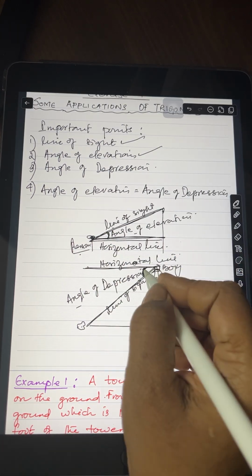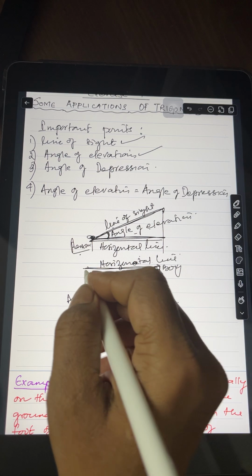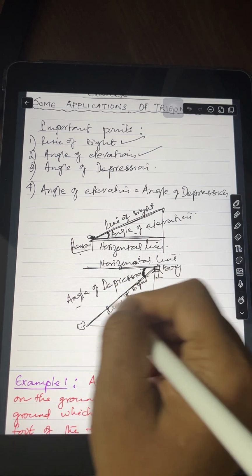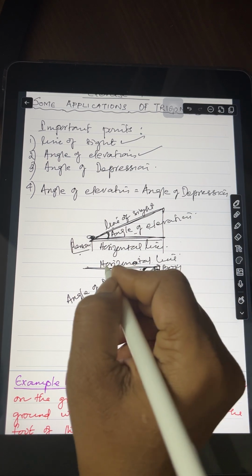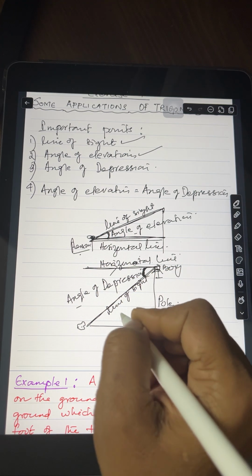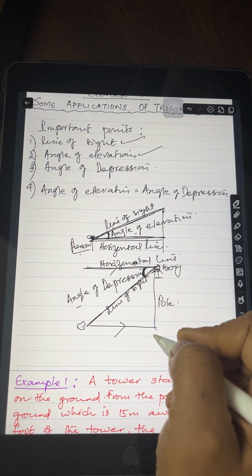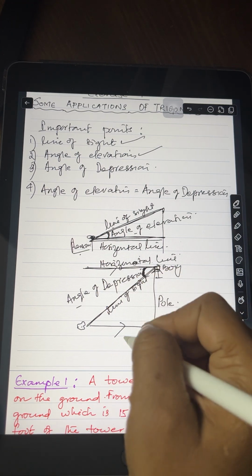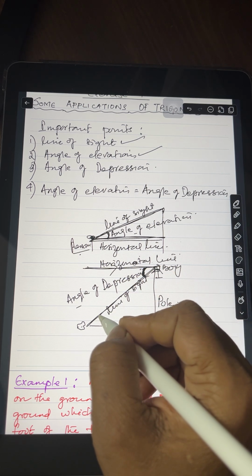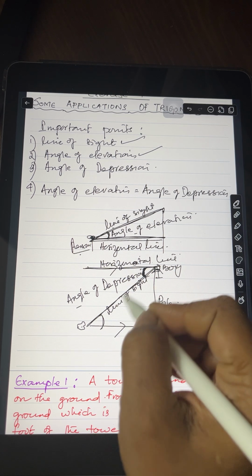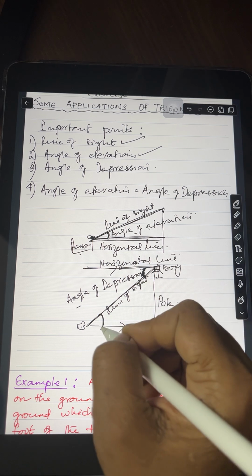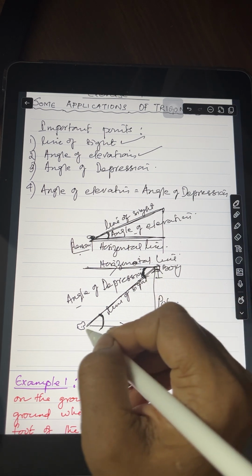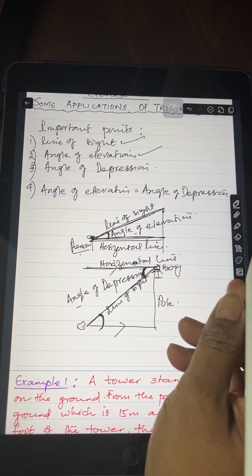Now this is the angle, but you don't have a full triangle here. You see, this horizontal line and this line are parallel to each other, so you can say that this angle is equal to this angle. Now this is a triangle, and then you can find out.